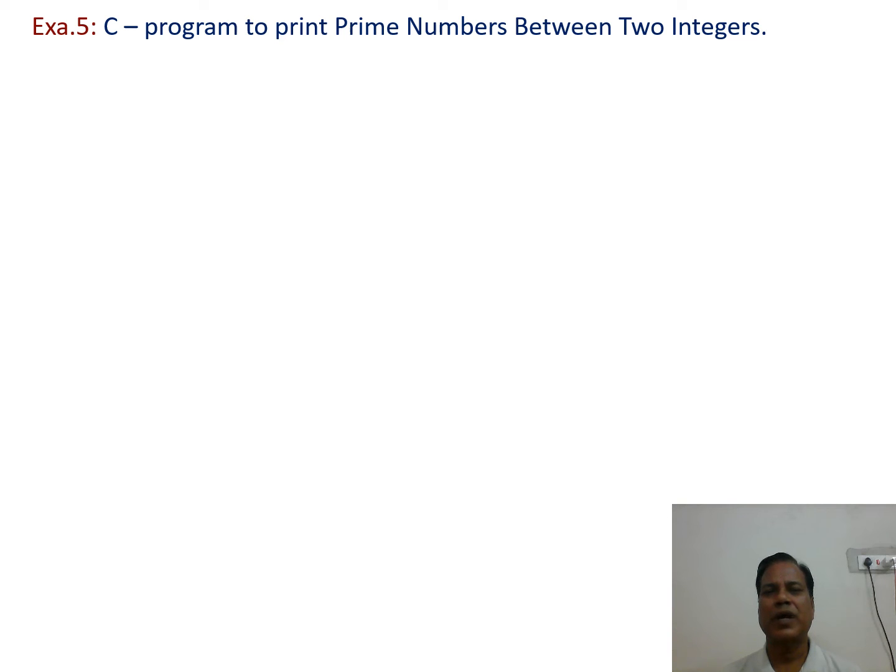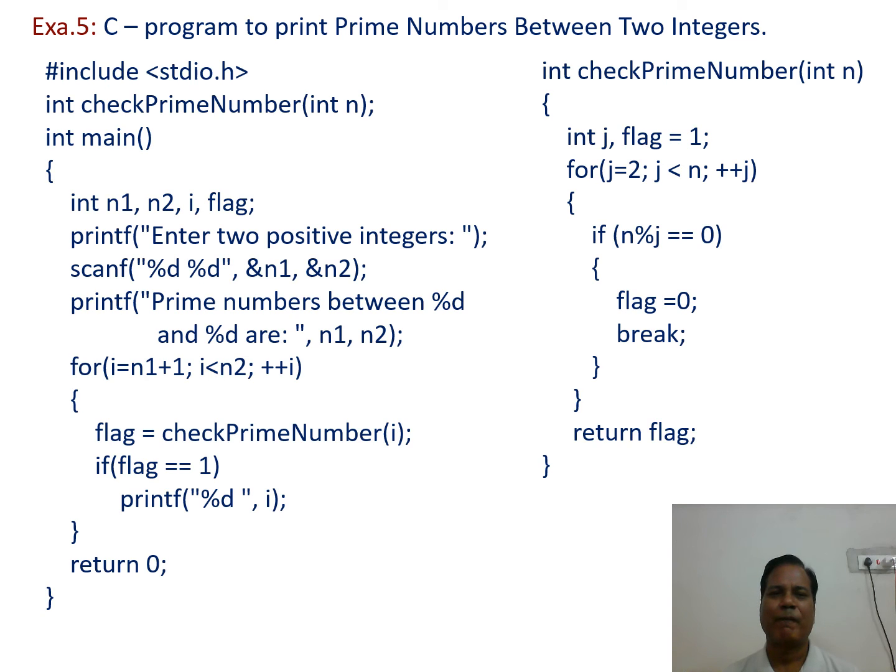So not only do we have to check the prime number, but these prime numbers are to be displayed between two integers. A range is given, and we have to display how many prime numbers are in that range. So a program is written like this.